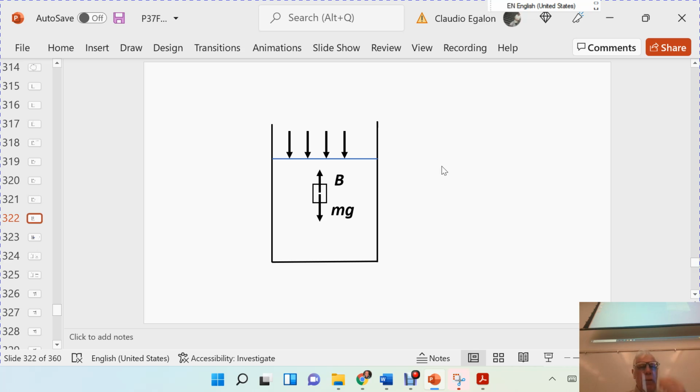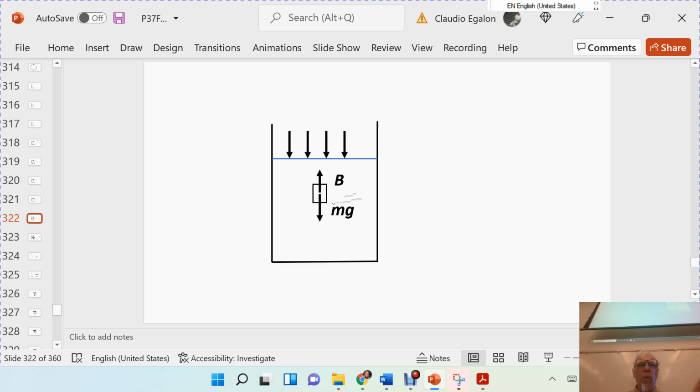Everybody knows that when we go underwater, we feel lighter, right? We do feel lighter because there is indeed a force being applied to us upwards. This force we call the buoyant force.